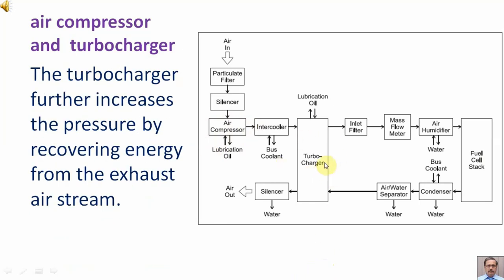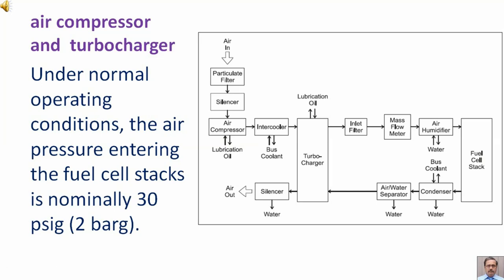The turbocharger further increases the pressure by recovering energy from the exhaust air stream. Under normal operating conditions, the air pressure entering the fuel cell stacks is nominally 30 psig.